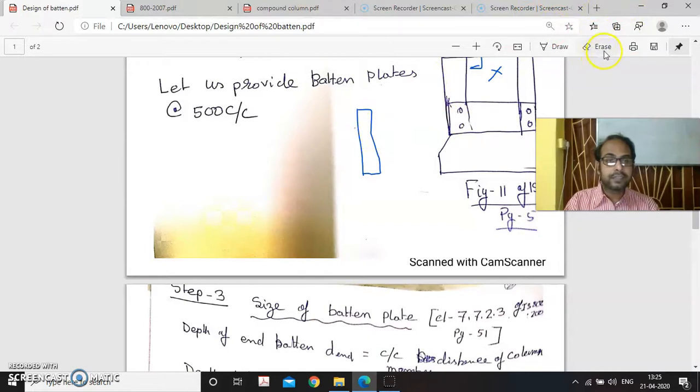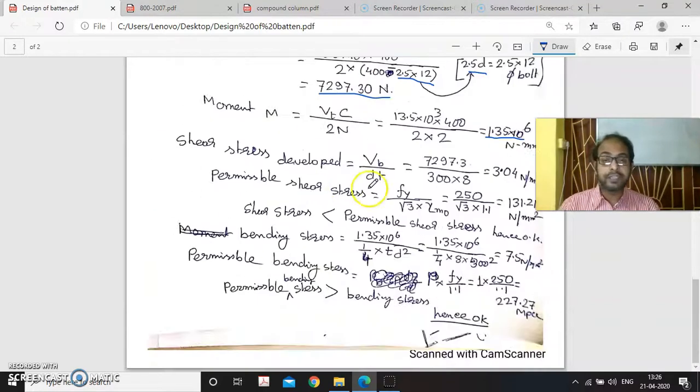It is having a thickness of 8 millimeter and a depth of 400 millimeter. Sorry, 300 millimeter. The lesser one we have considered. This is 300 and this one is 8 millimeter thickness. So this is the cross sectional area that will resist the shear. So we have taken it as 300 into 8.